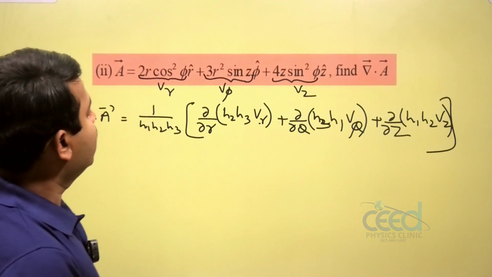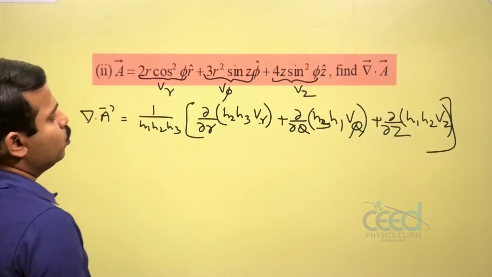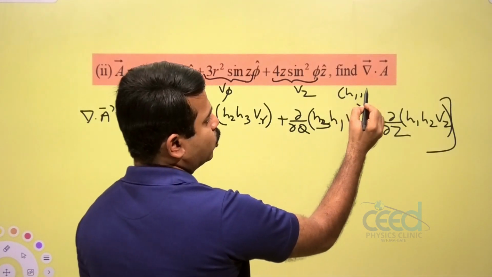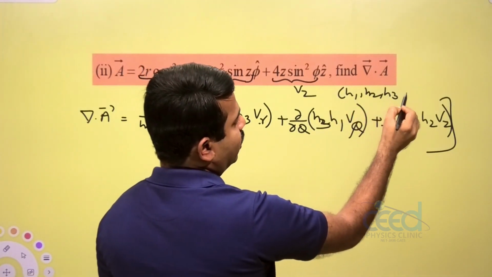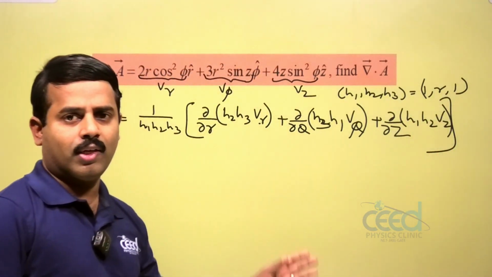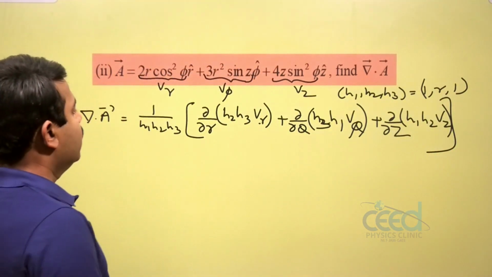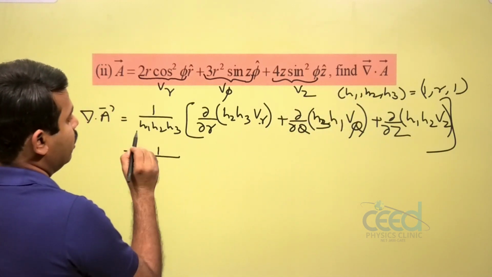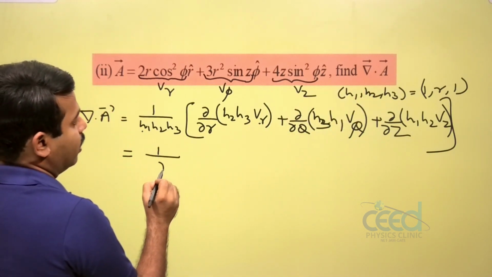Now what is h1, h2, h3? In cylindrical coordinates the scale factors h1, h2, h3 we wrote as 1, r, 1. Alright, that we already saw. So 1 by 1 into r into 1, that is 1 by r.